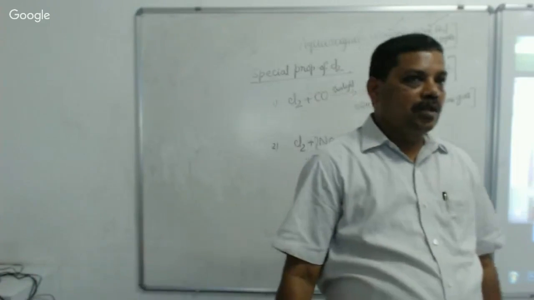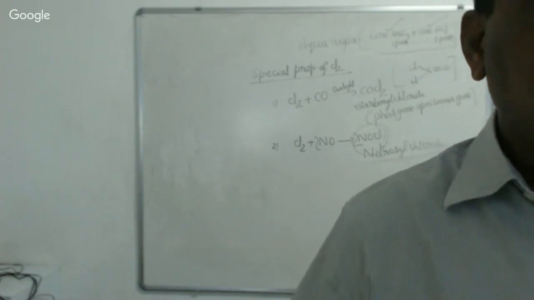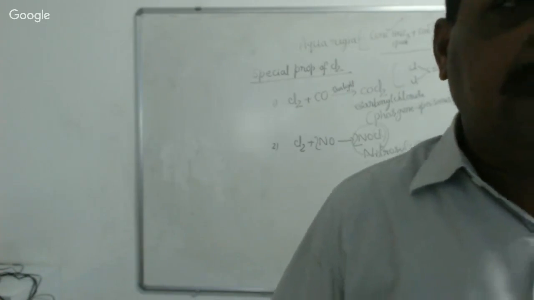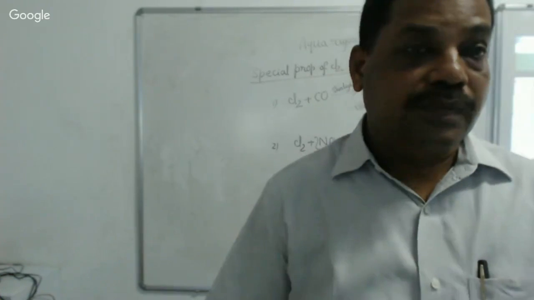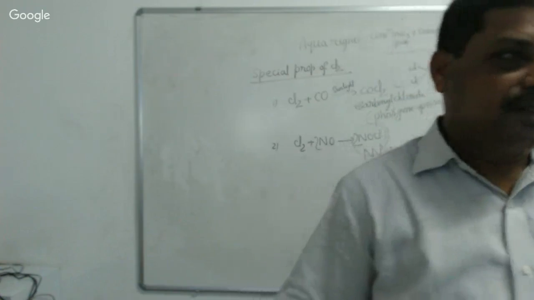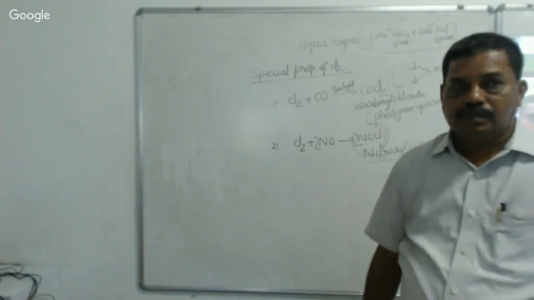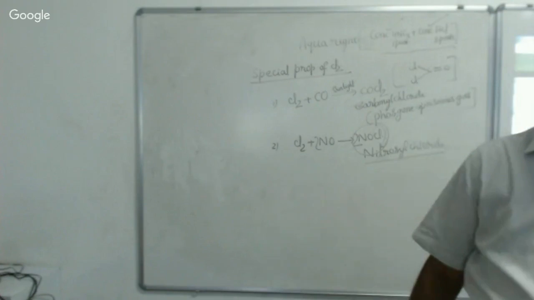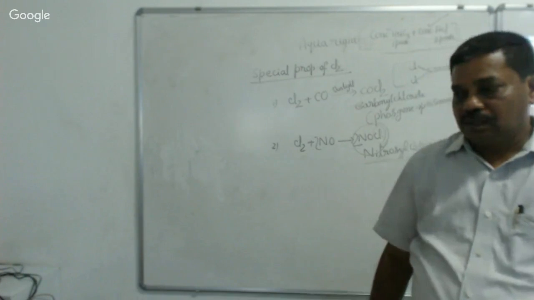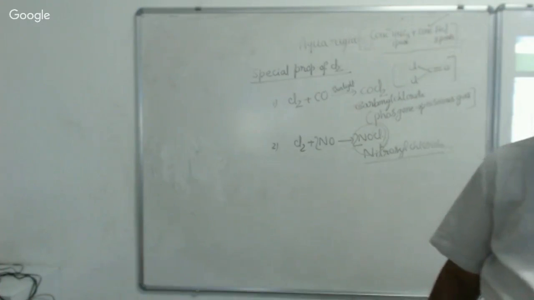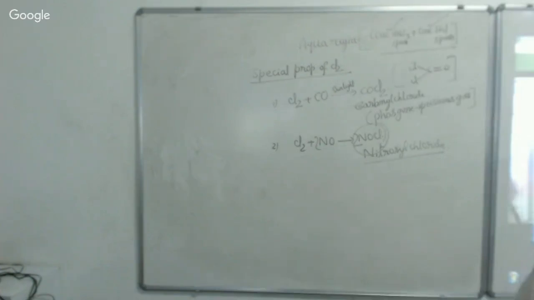In the 16th group, we already discussed that the ozone layer in the stratosphere is depleted because of nascent chlorine. There the nascent chlorine is liberated by chlorofluorocarbons, CFCs. So that is the reason.